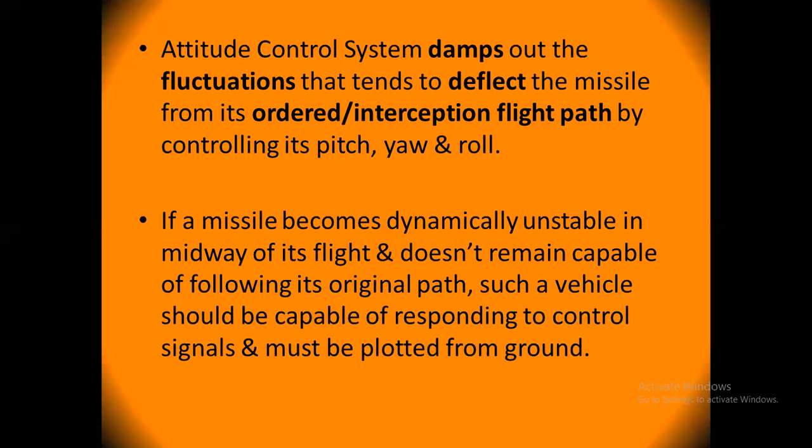Then comes the neutral stability. What is neutral stability? When you give a certain amount of disturbance, the missile will change from stable to unstable by the amount which you have given. It will continue to move ahead with that amount of instability. It doesn't come back to the stable position, and it doesn't create more instability.